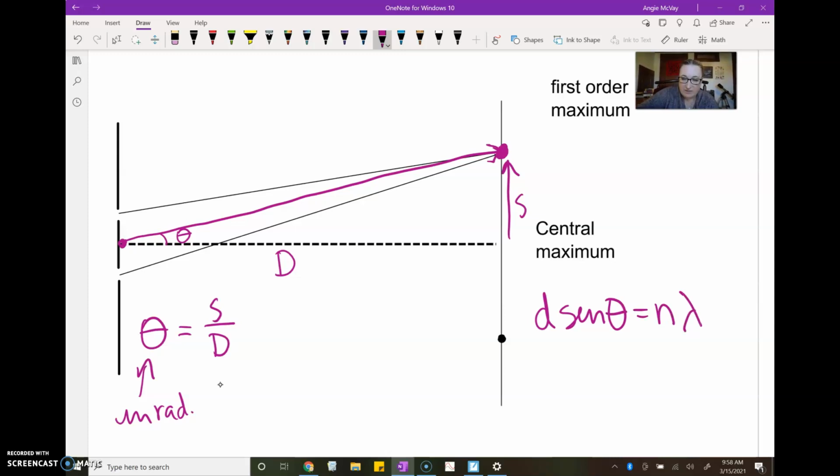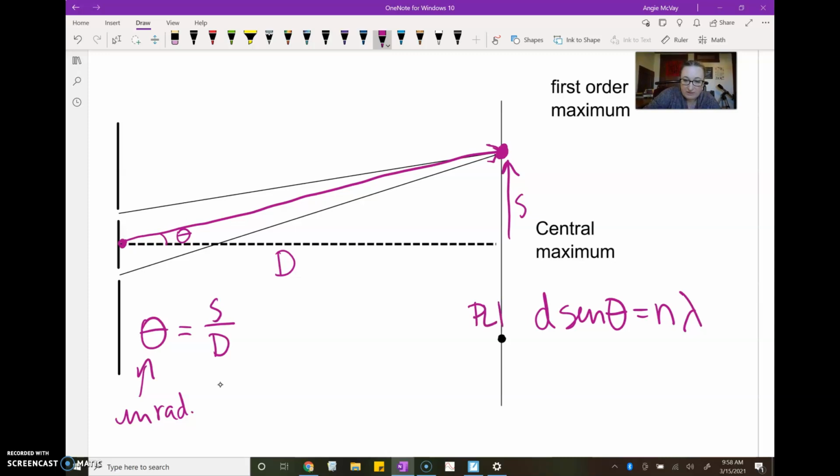Right, so that's the condition for constructive interference. And we got this d sine theta last class. We did that derivation last class. Okay, d sine theta equals n lambda, where that d sine theta is the path length difference.